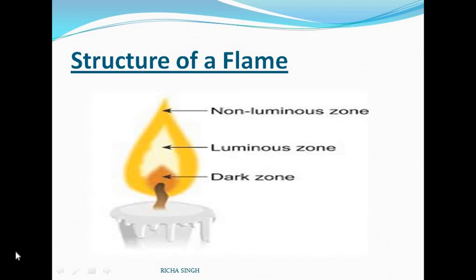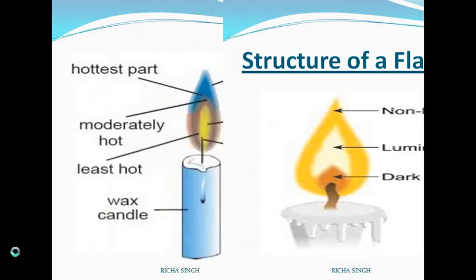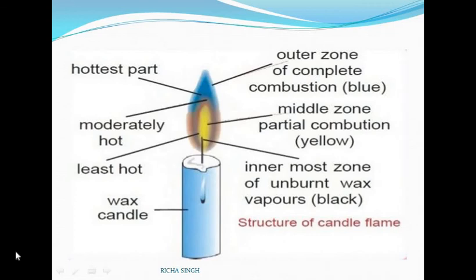In many of the books it is 3 and in some it is 4 also. The different zones are the outermost or non-luminous zone, the central or middle luminous zone, then the inner dark zone of no combustion, and then one more, the lowest blue zone. So let's study each part in detail.